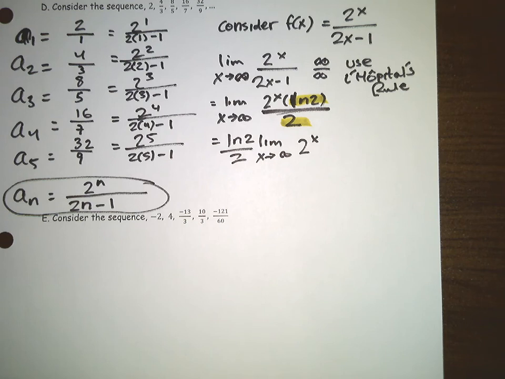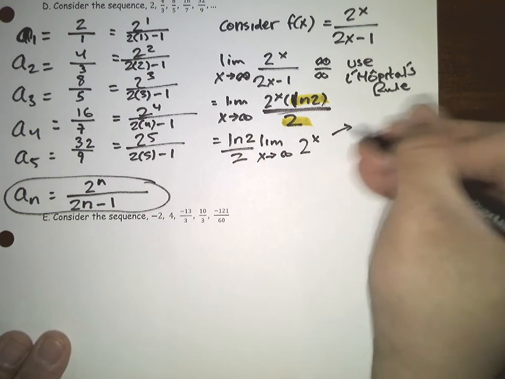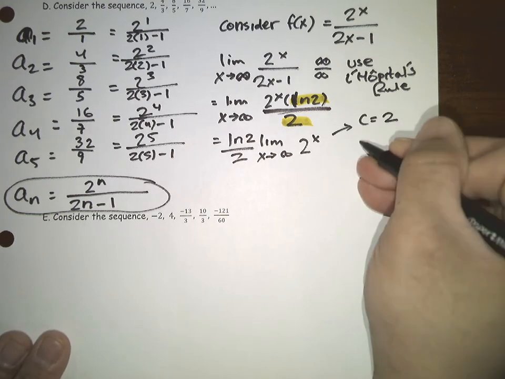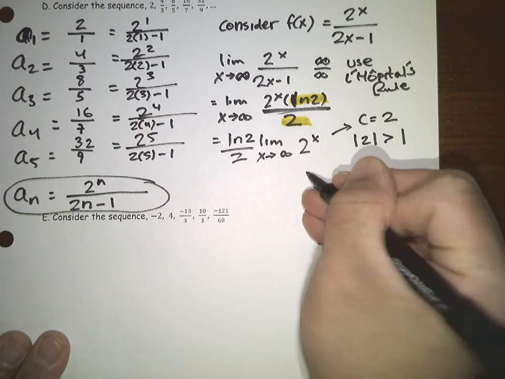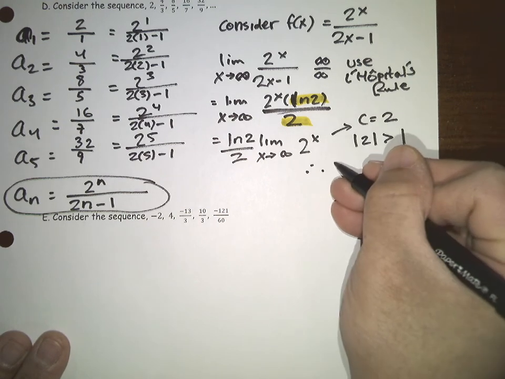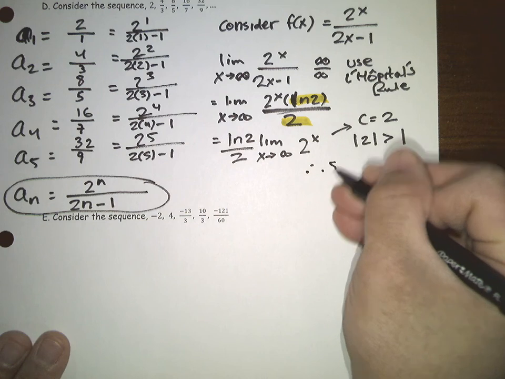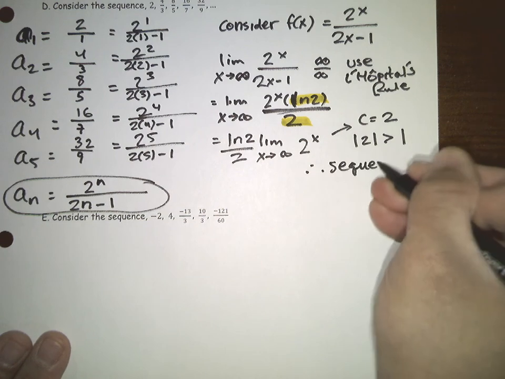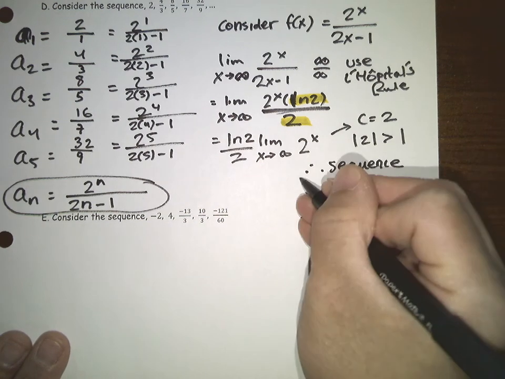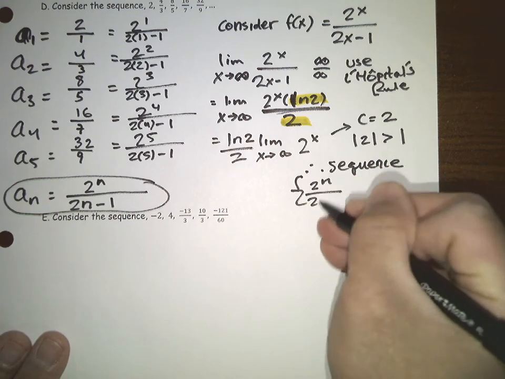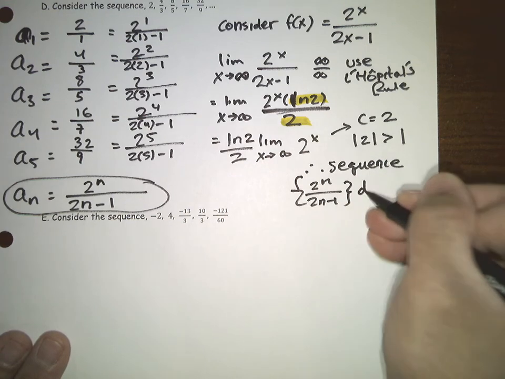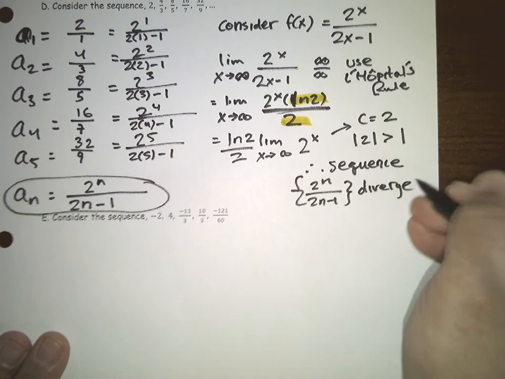But in this case, c is equal to 2, and the absolute value of 2 is greater than 1. Therefore, this sequence will diverge. So the sequence 2 to the n over 2n minus 1 actually diverges.